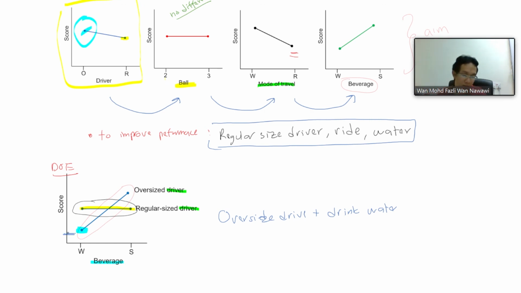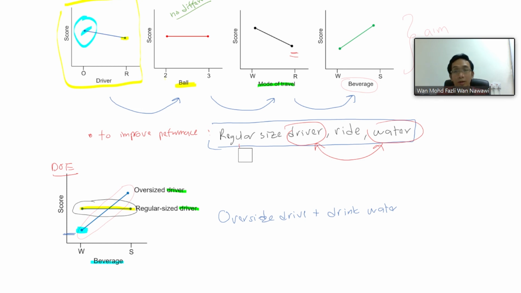From the OFAT result, you just know that you must use only regular size. So you cannot see the interaction between the driver and the beverage. But with the DOE, you can see the interaction.